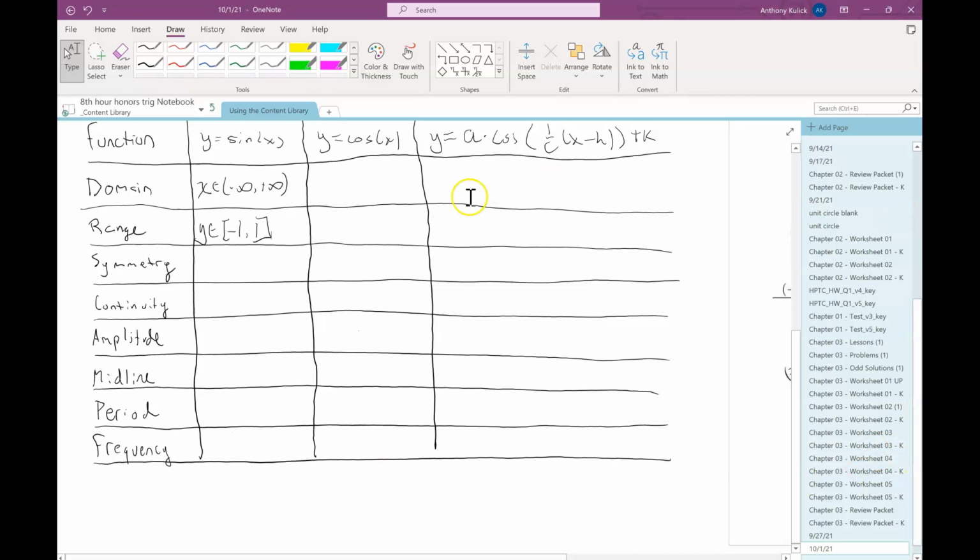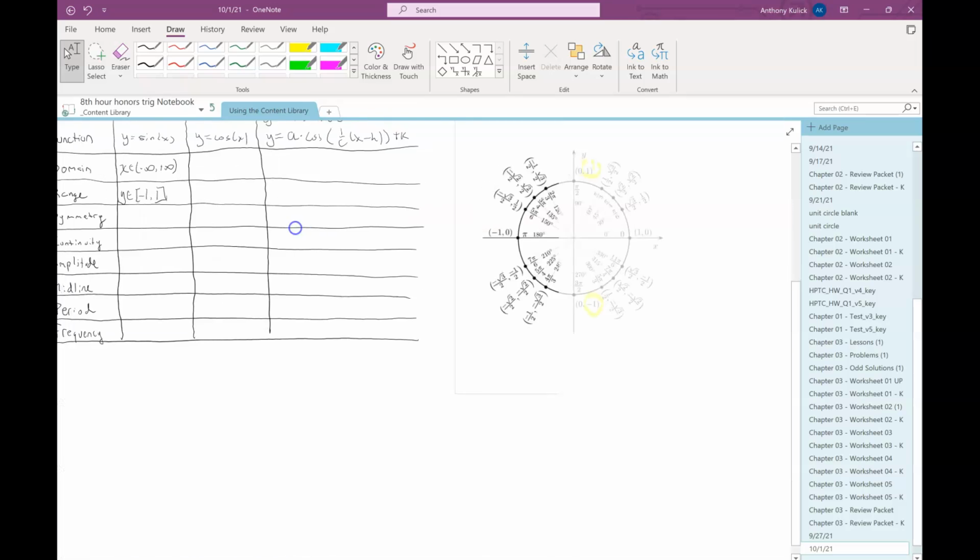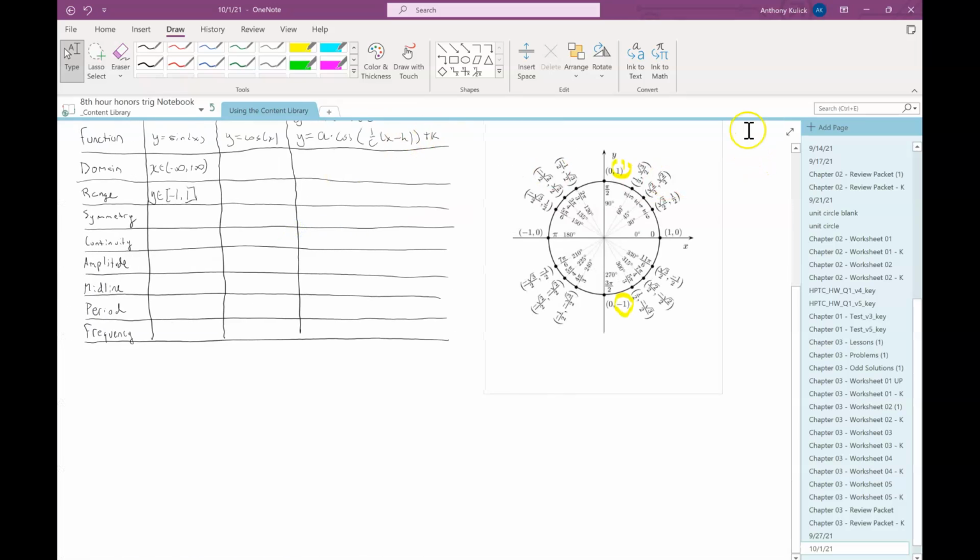Now let's talk about how we would actually go about generating a graph of the sine function. So my inputs are the angle measures, and my outputs are the y-coordinates from the unit circle.